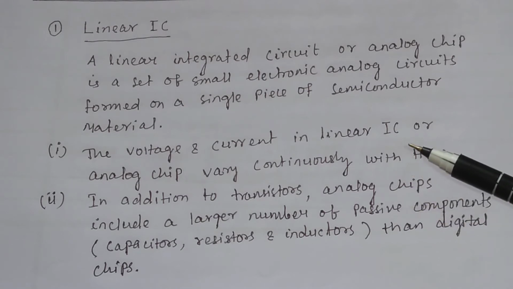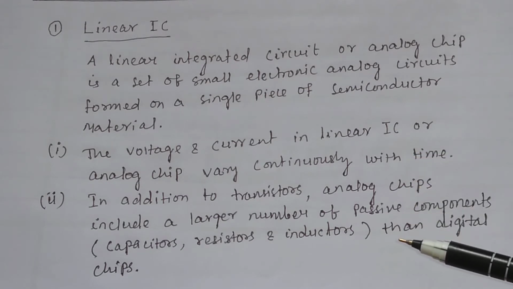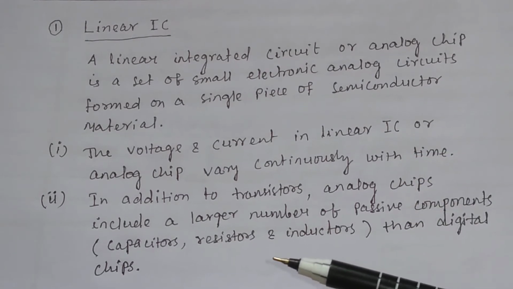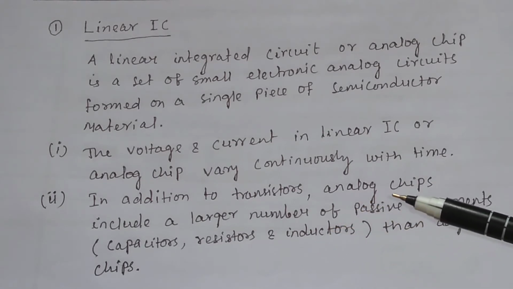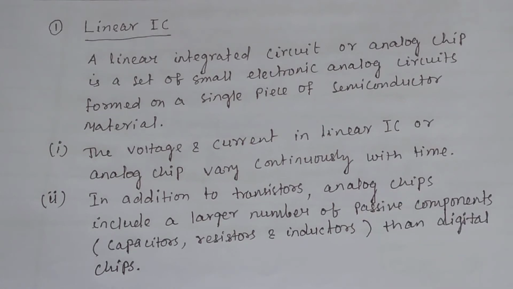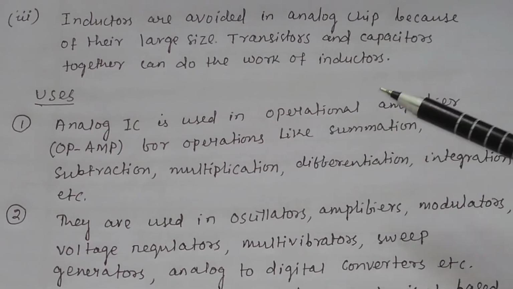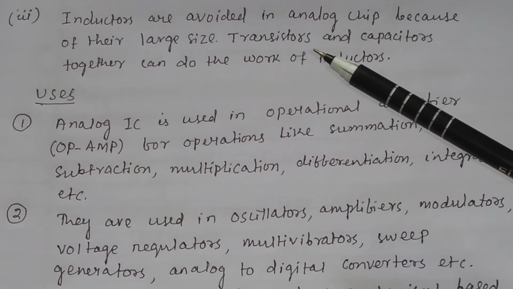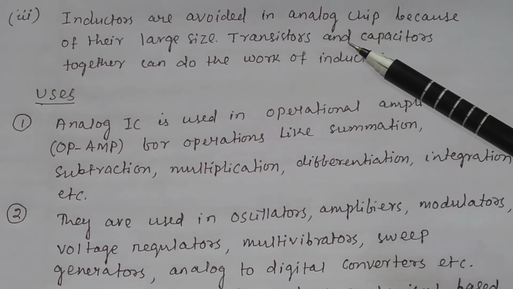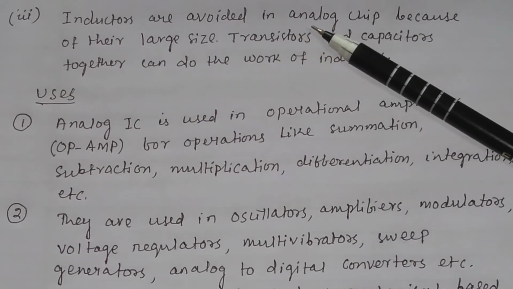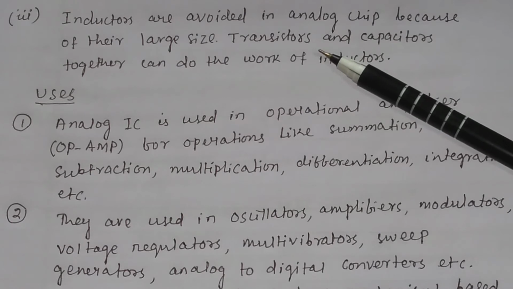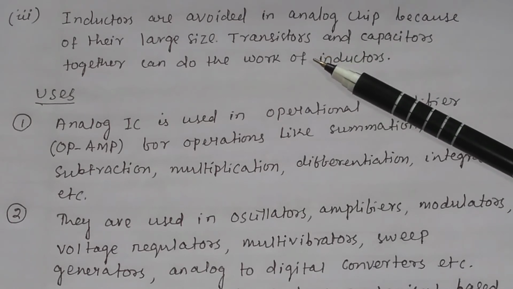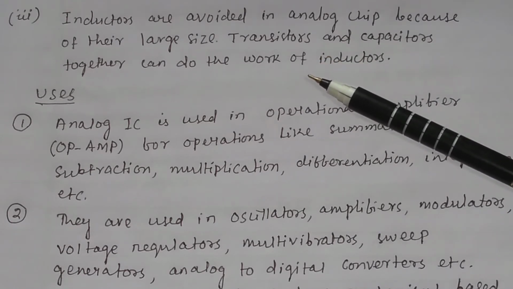But in linear ICs, you have more passive components like capacitors, resistors, and inductors, and fewer active components like transistors. Inductors are basically avoided in analog chips because of their large size. But transistors and capacitors together can do the work of the inductors.